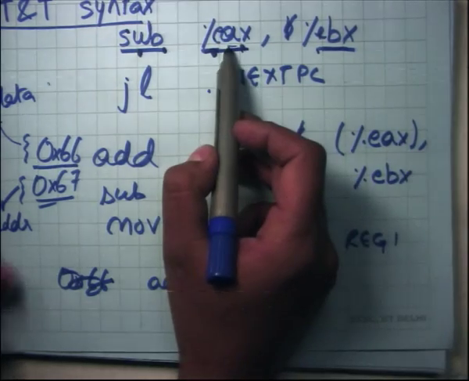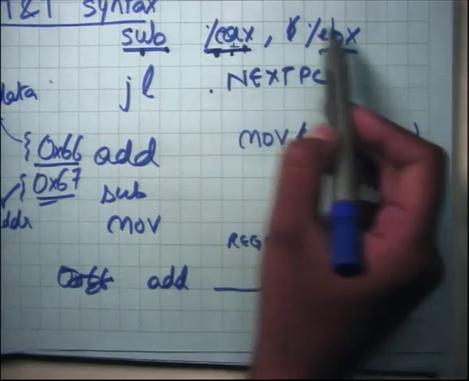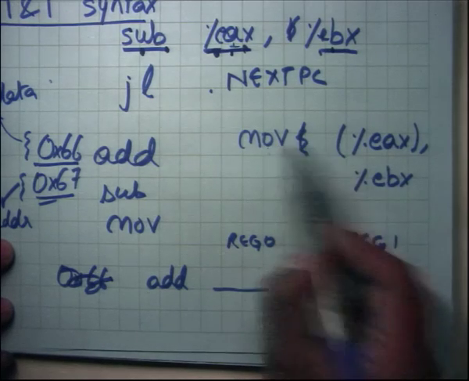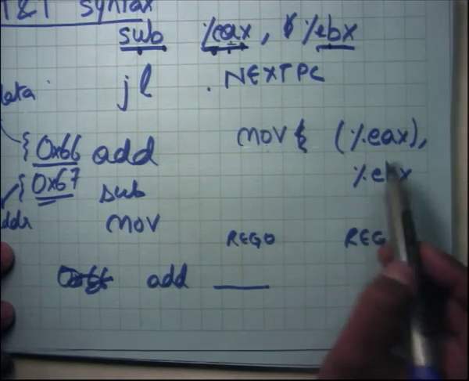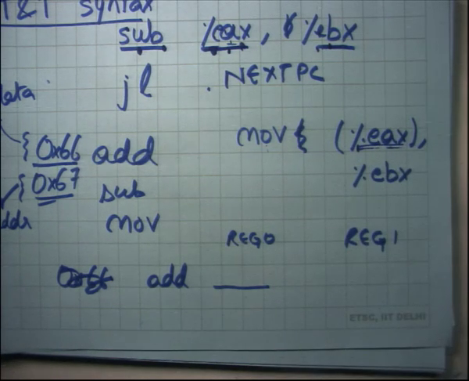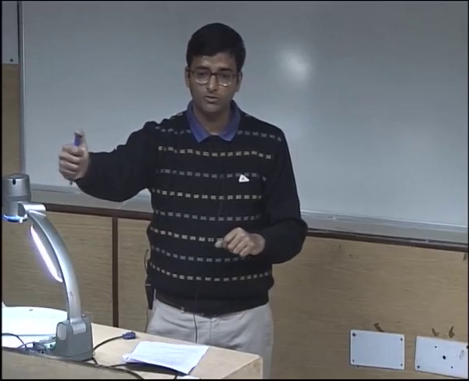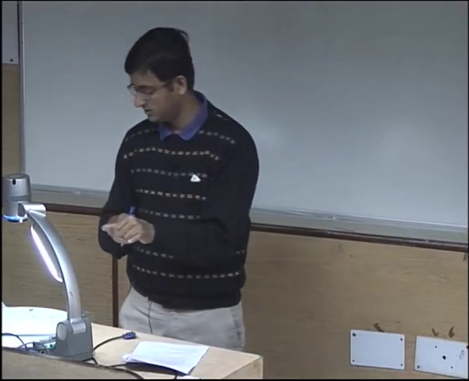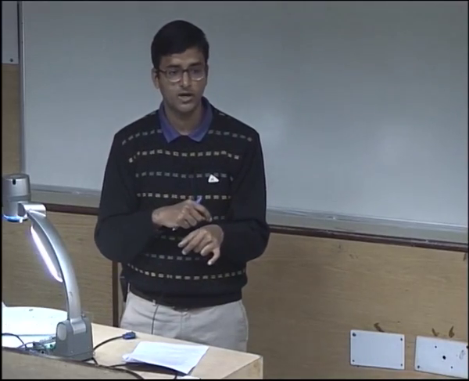Oh, did I say that the first operand is the destination? Sorry, the second operand is the destination. In the AT&T syntax, the last operand is the destination. Correction. So when I say move EAX to EBX, it's going to read the value in EAX, dereference it, which means it's going to send that address to the MMU, generate a physical address, ask the memory to fetch its contents, and the contents are going to be stored in the register called EBX. So that's what's going to happen, right?